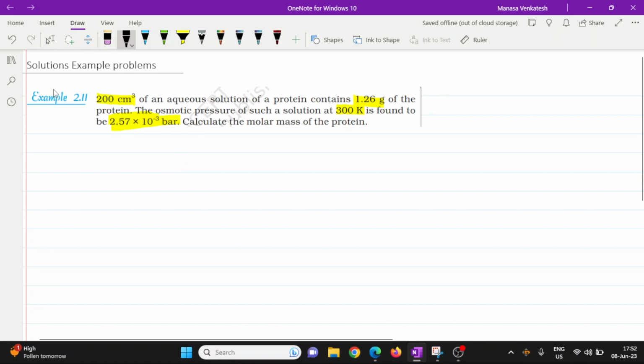So we have been given the value of the volume. So the volume of the solution, V, is equal to 200 centimeter cube.